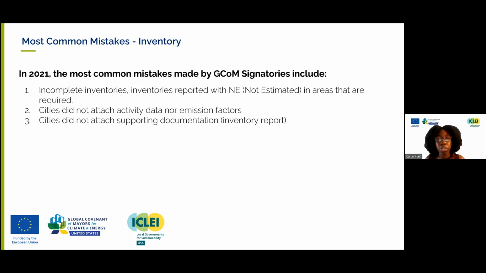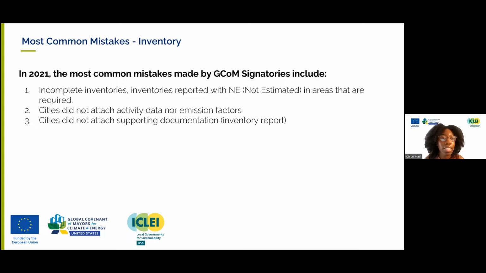Emissions factors are also required to be reported. So usually using the IPCC emissions factors is the best way to ensure that those emissions factors are reported. And then for your grid electricity emissions, using those local emission factors from your utility will also be fine.